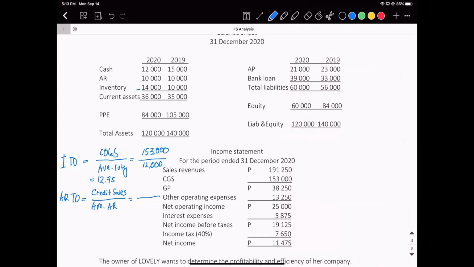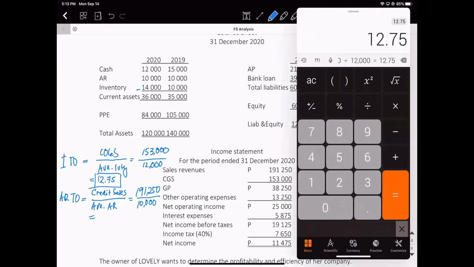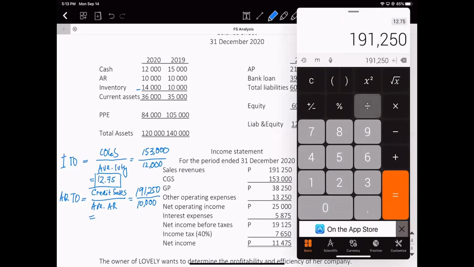Okay, so this is 191,250 divided by average AR. So average AR, so since same lang, 10,000. So what is your accounts receivable turnover? So 191,250 divided by 10,000. So we have 19.13.